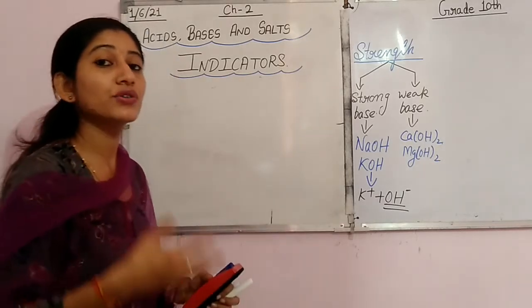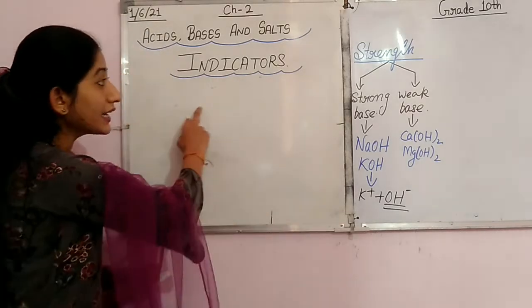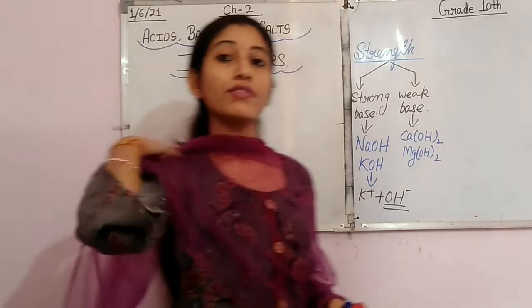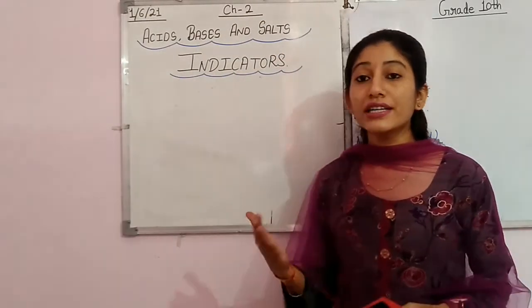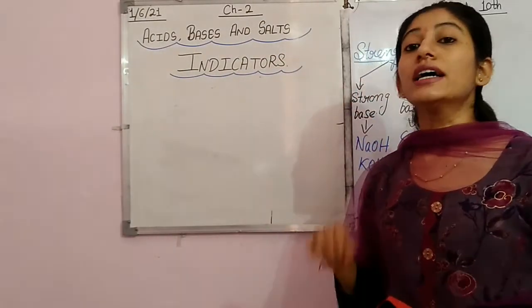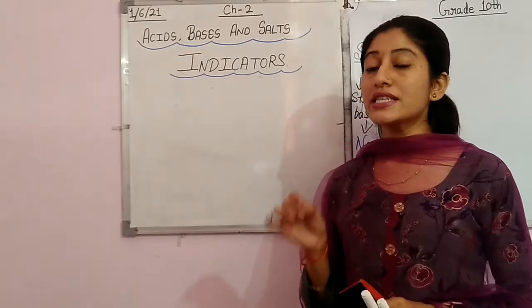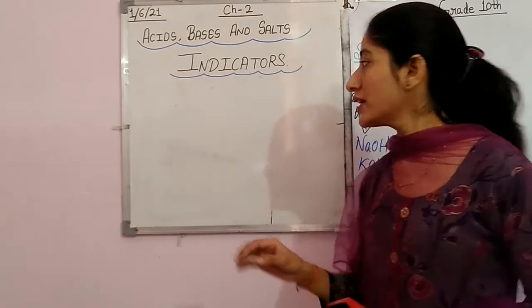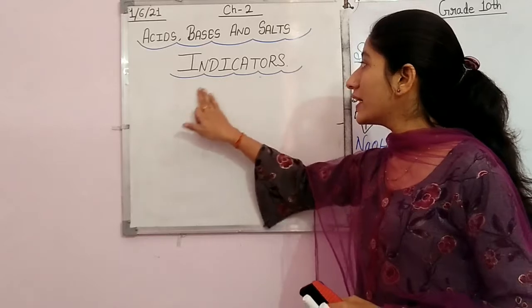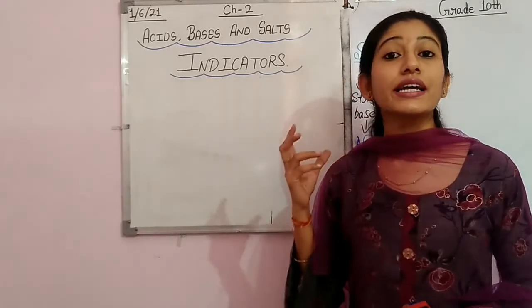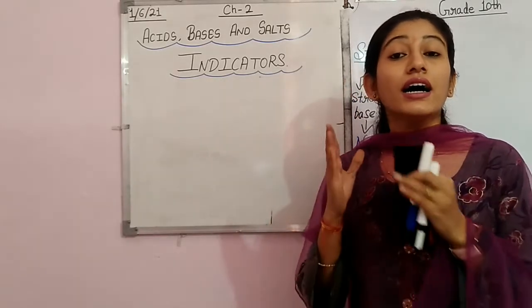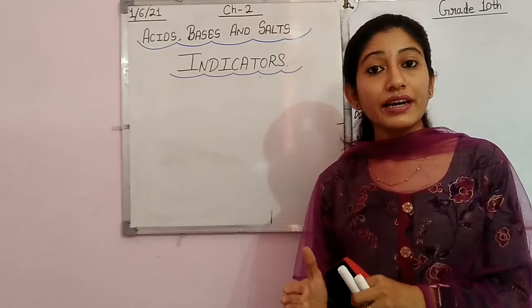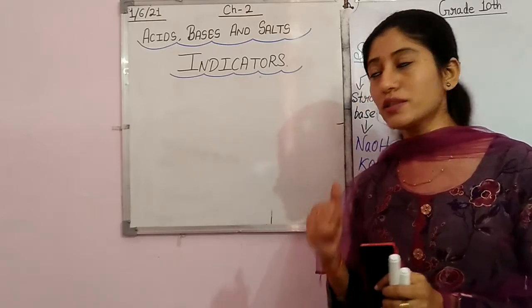In the same way, indicators in chemistry also give us the basic idea whether the given substance is acid or base. So we use indicators for testing the compound, whether it is acid or base.